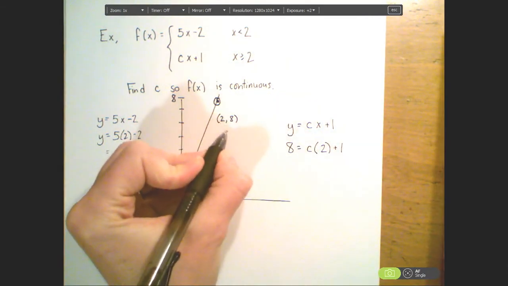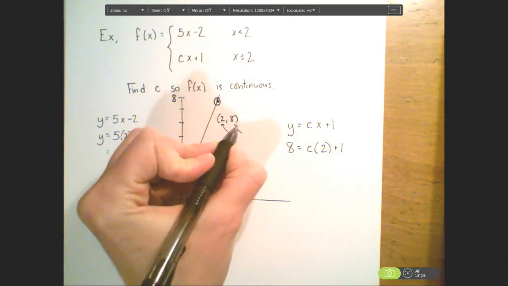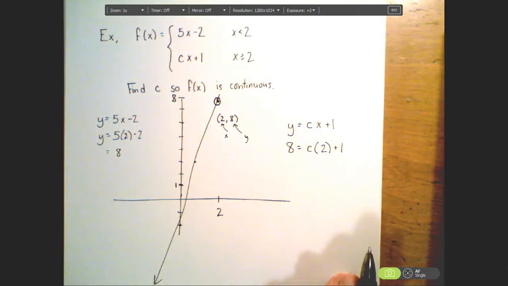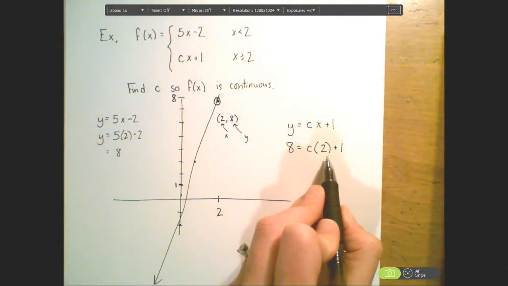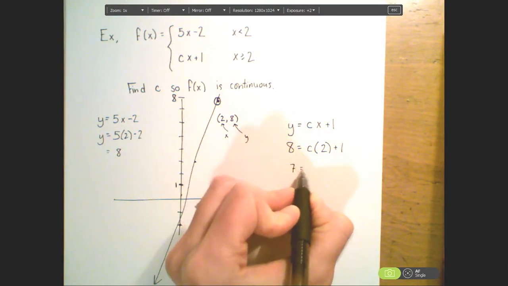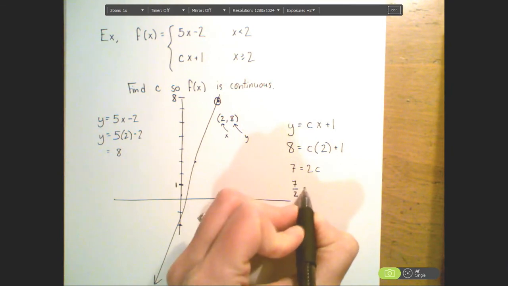My x value was 2, so I plugged in for x. My y value was 8 that I plugged in for y. And now I'm going to solve for c. I'm going to subtract 1 from both sides. I get 7 equals 2c. And I need to have a slope of 7/2.